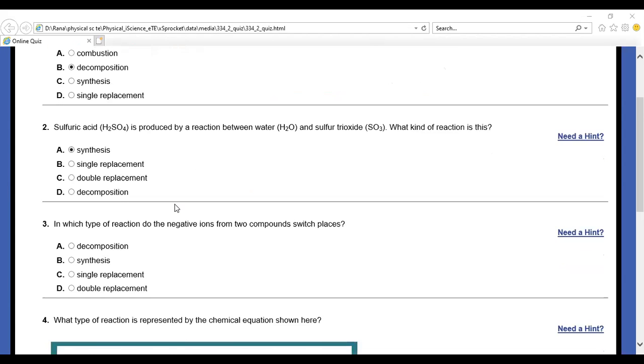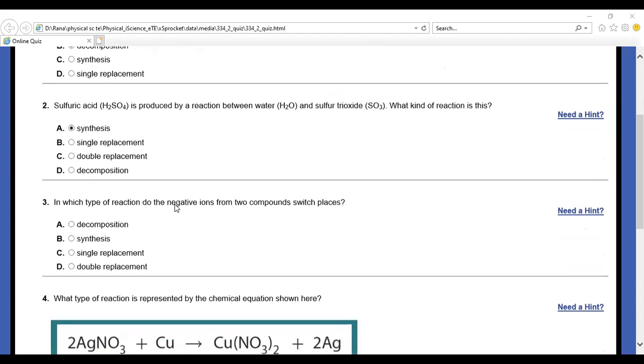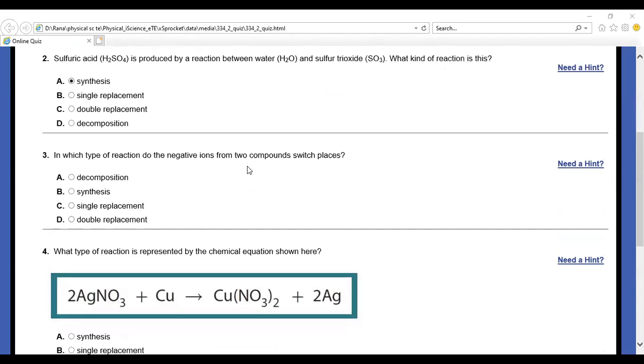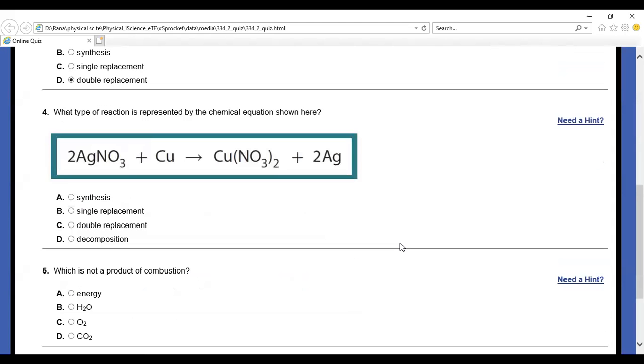Question number 3. In which type of reaction do the negative ions from two compounds switch places? Jay Norman? D, double replacement, good. Now, what type of reaction is presented by the following equation? 2AgNO3 plus Cu yields Cu(NO3)2 plus 2Ag. What kind of reaction is this?